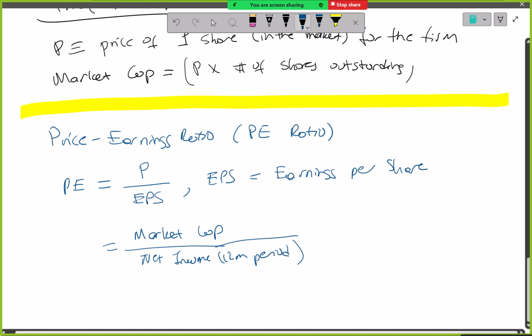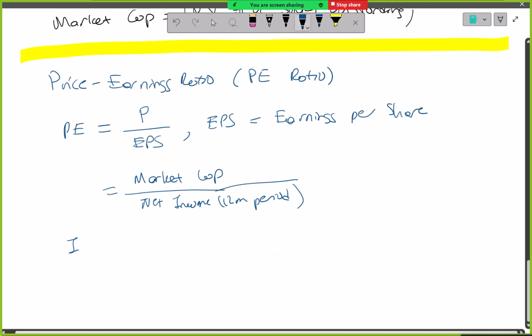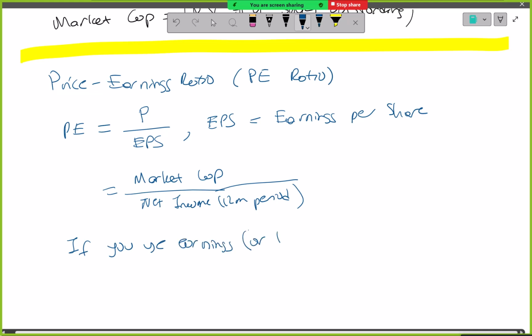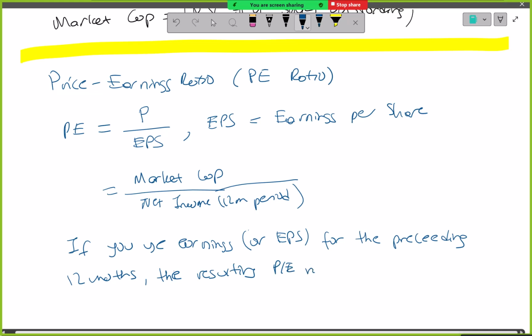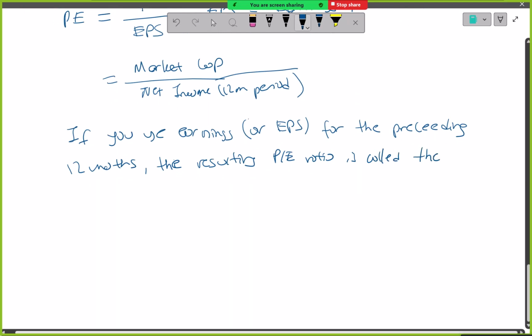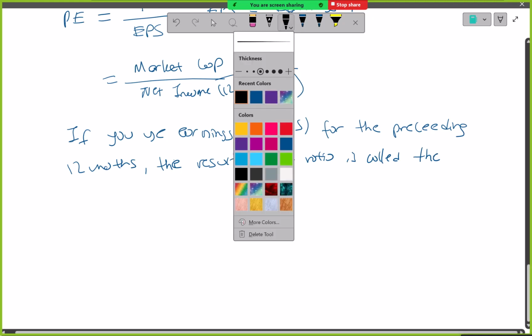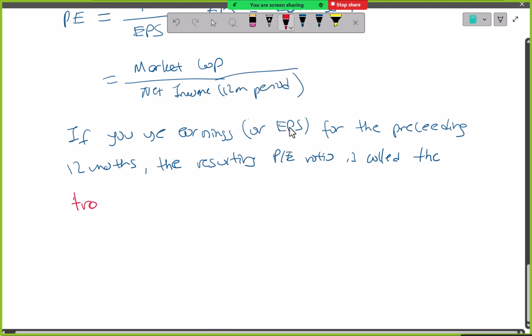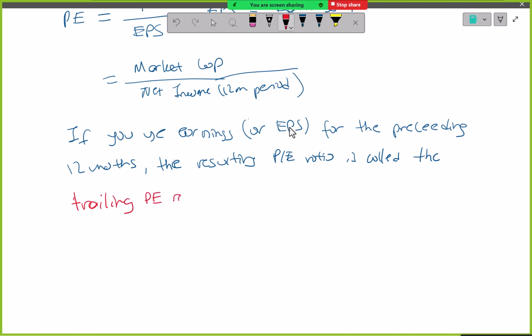If it's quarterly, things move around. If you use earnings or EPS for the preceding 12 months, the resulting PE ratio is called the trailing period PE, because you're using earnings for the trailing 12 months.